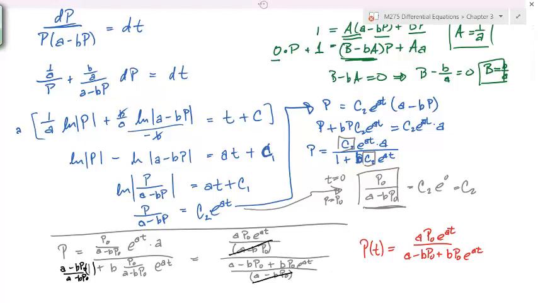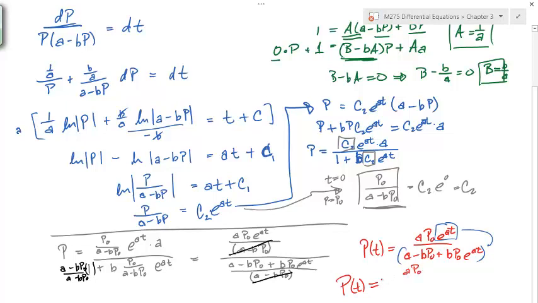Now the textbook does one more thing to this equation, and that is they bring this expression down to the denominator by multiplying by e to the negative at. So what's going to happen there when that gets multiplied by e to the negative at? Our final expression is just going to have a p naught in the numerator, and then now this gets multiplied by e to the negative at. This expression will disappear, it will become 1.